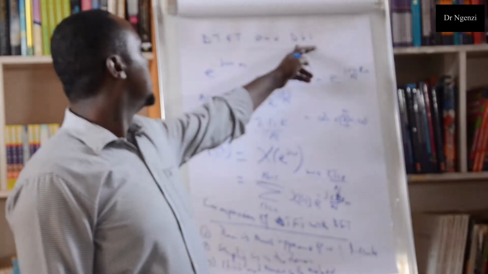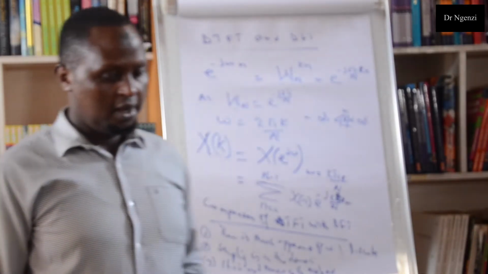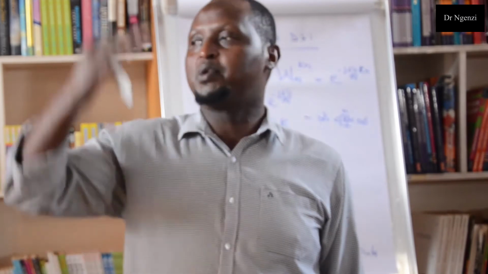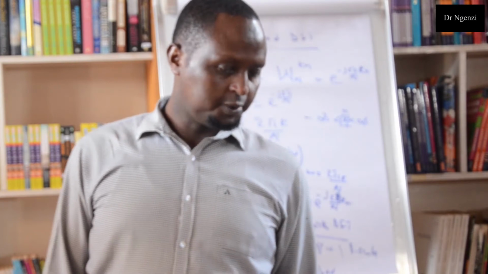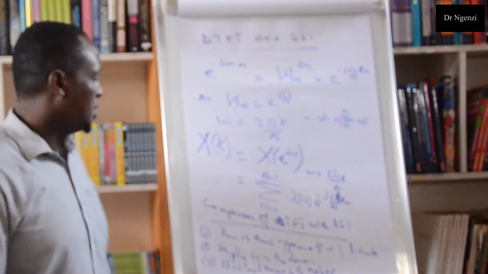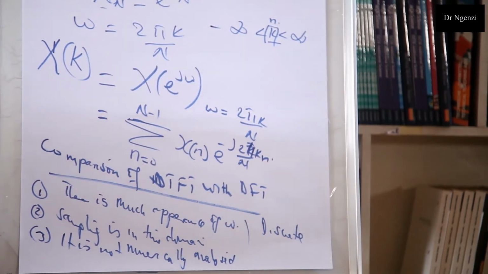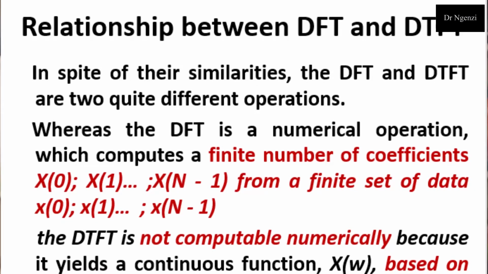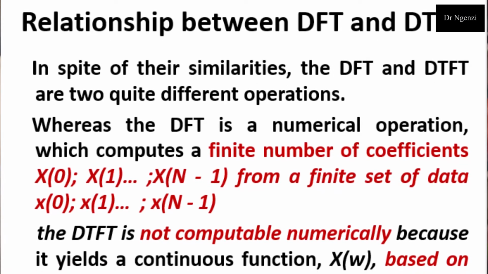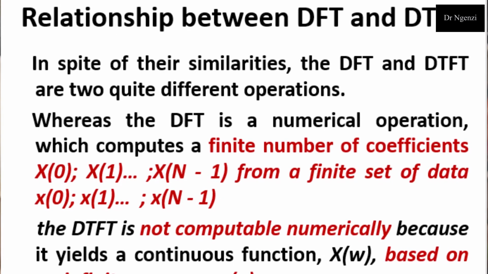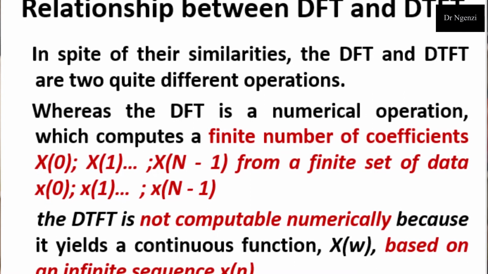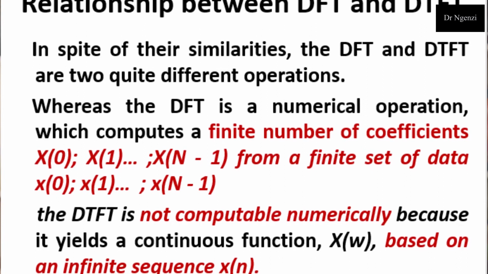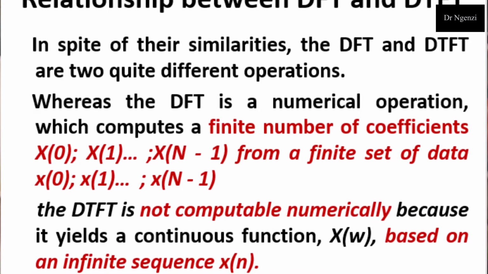But for DFT, it is going to be a finite number of coefficients, for example from coefficient number 1, as you saw in the discrete time domain. We have seen that numerical operation on one side can be easily analyzed using numerical methods, while the other cannot be obtained, for example for DTFT.